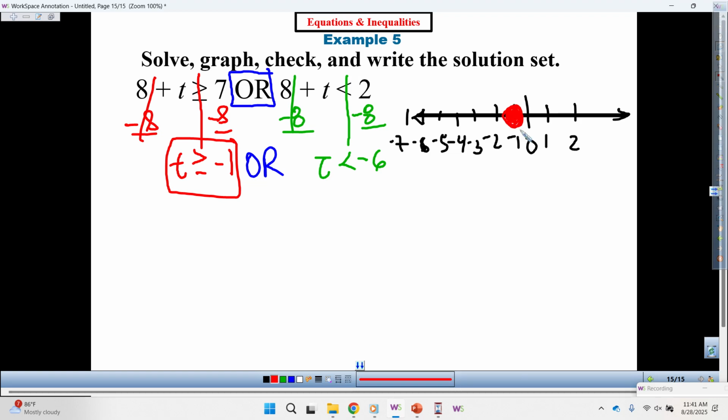Which number would you like to test, Julian? Positive 1. So is 1 greater than or equal to negative 1? Yes, that's true. So we're going to go towards 1.